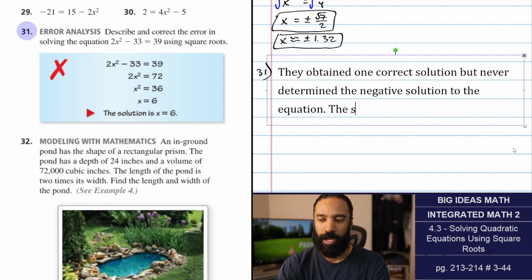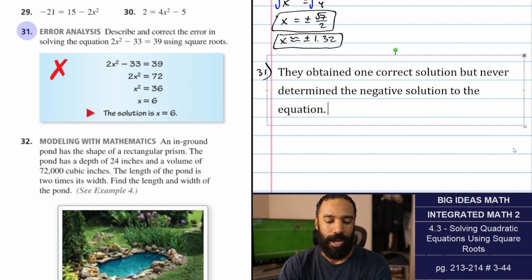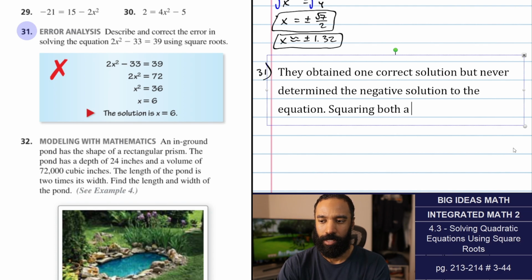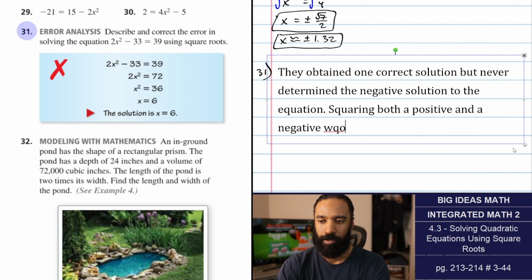I don't know how I want to explain this. So let's just describe and correct the error.